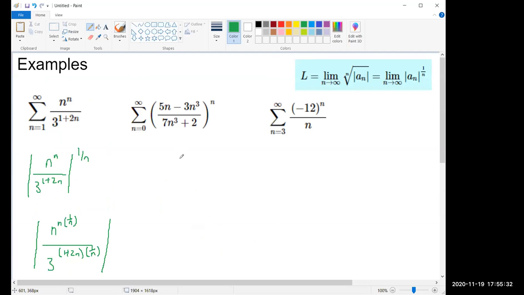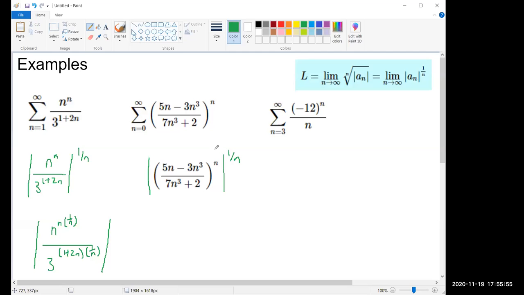Let's try the second one. So here is a sub n. Just copy it. We are going to take the nth root. So absolute value, and then take the nth root.